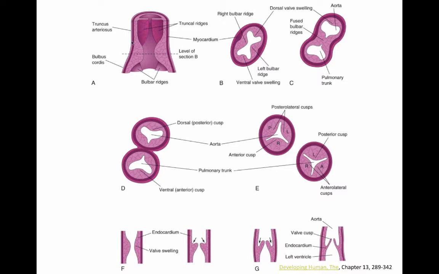Here is just another image, again from that Developing Human book, looking at all the stages in time, from B to E, and the swelling of the endocardium, or the valve swelling, forming the cusps of those valves.